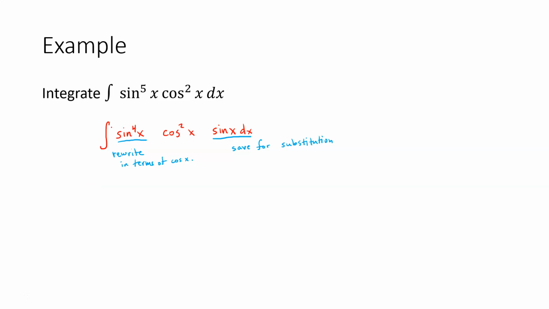Okay, so how will we do that? Well, in this case, it's sine to the fourth, so I can think of that as sine squared squared. And then I can replace that with 1 minus cosine squared here.